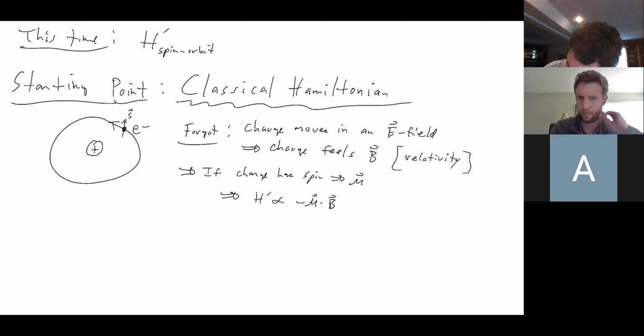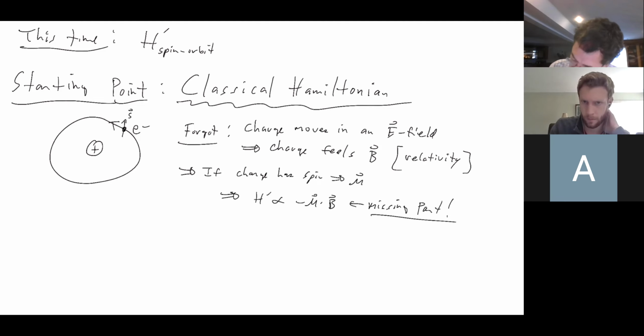That's the missing part. And that's the spin orbit coupling. Okay, so that's the intuitive part. But now let's derive it in more detail. But I want to try to give you the intuitive feeling. So that's a classical effect that you neglected last semester, and now it's coming back to bite you.